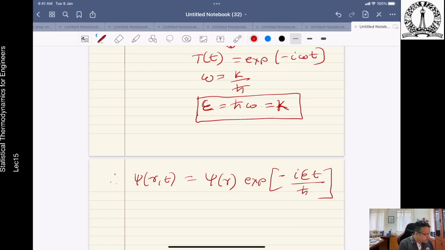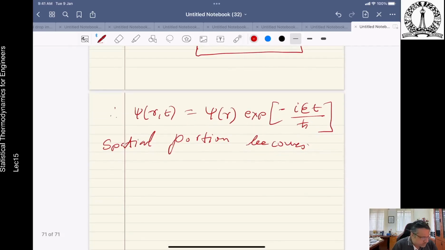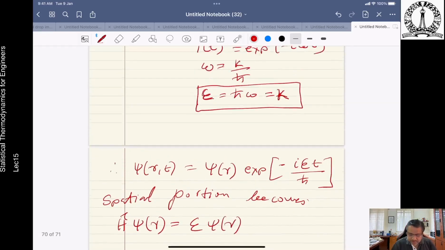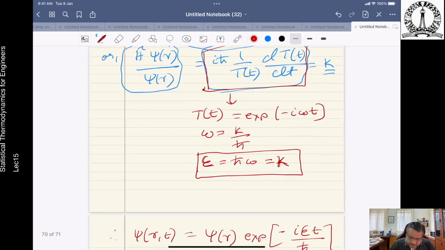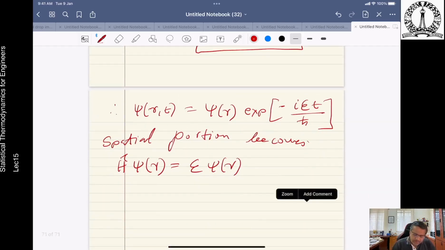Now the spatial portion. If we just look at the spatial portion, it becomes H psi(r) equal to E psi(r). This is the spatial portion.